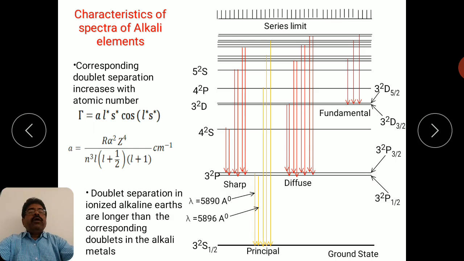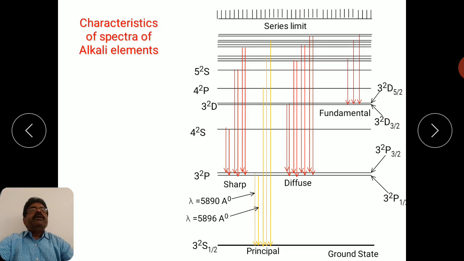The total nuclear positive charge is the same in the atom and the ionized alkaline earth, but the negative charge has reduced in the ion. Therefore the effect results in a longer doublet separation in case of ionized alkaline earth as compared to the doublets in the alkali metals.